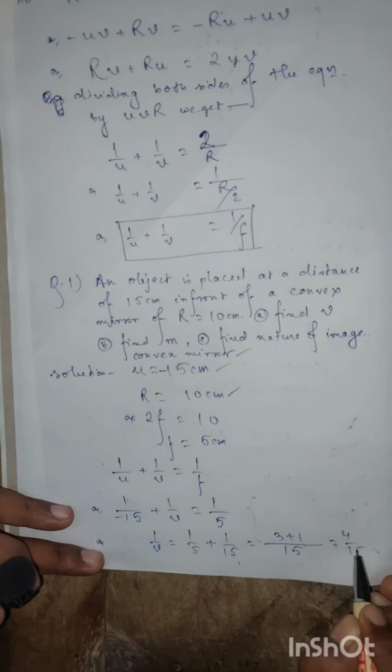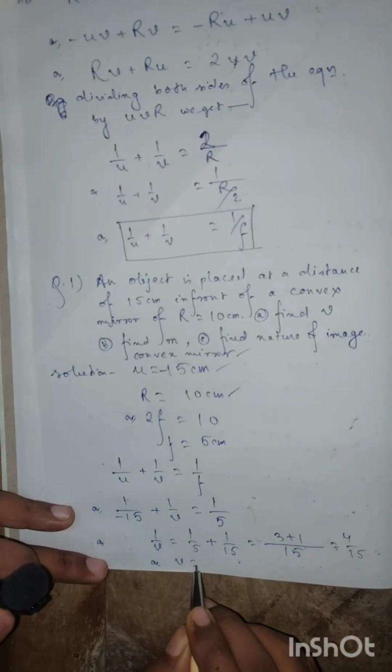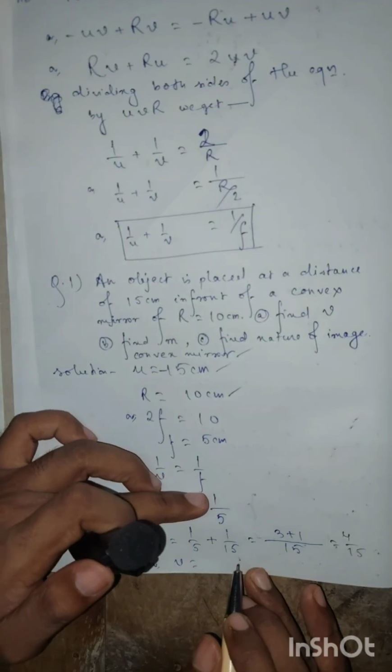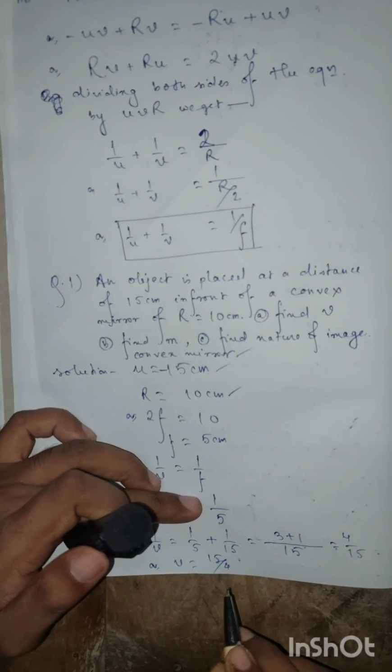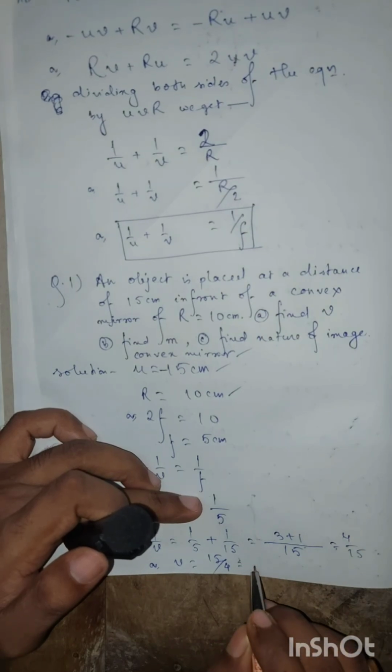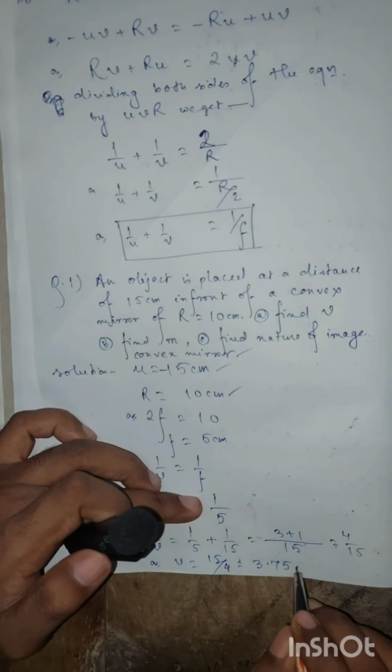4 by 15, or v is equal to 15 by 4, which is 3.75 centimeter.